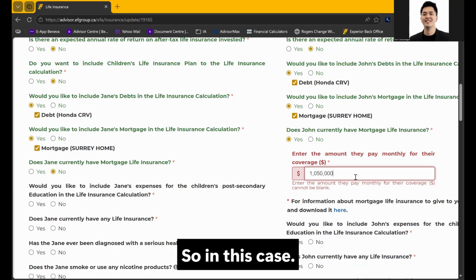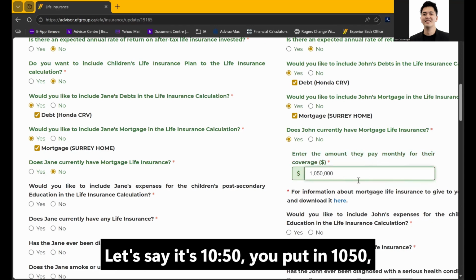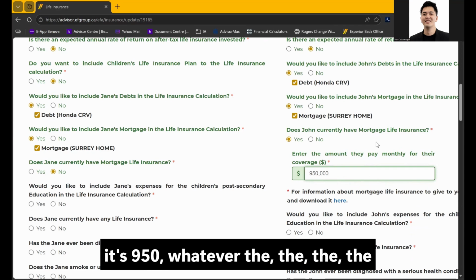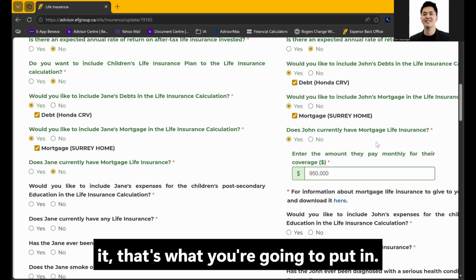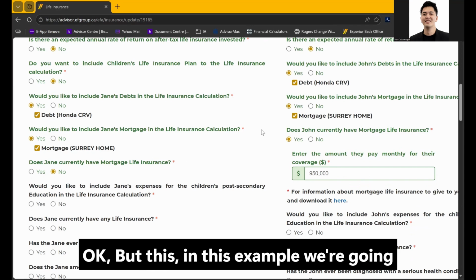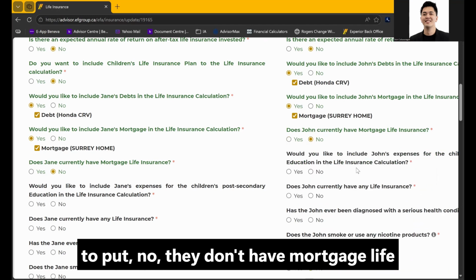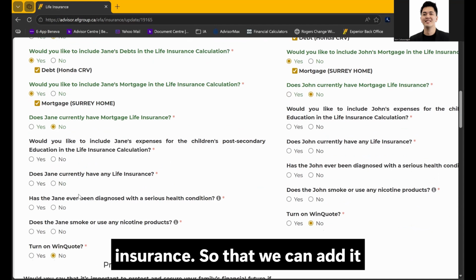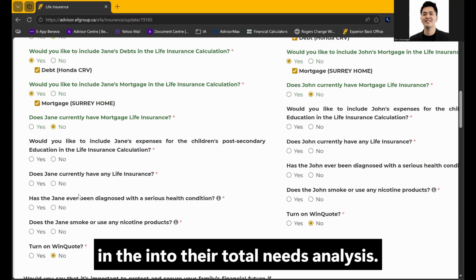So in this case, let's say it's 1050, you put in 1050. If it's 950, whatever the value of their house when they purchase it, that's what you're going to put in. Okay. But in this example, we're going to put no. They don't have mortgage life insurance, so that we can add it into their total needs analysis.